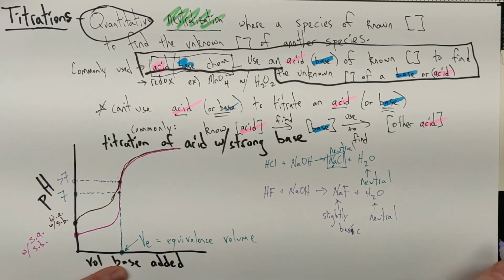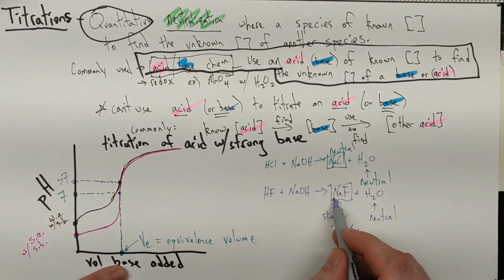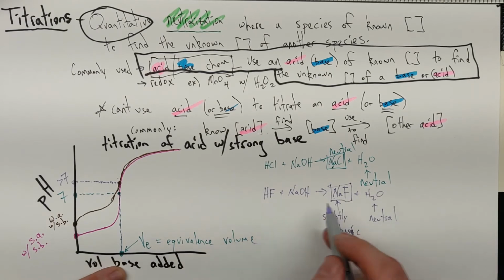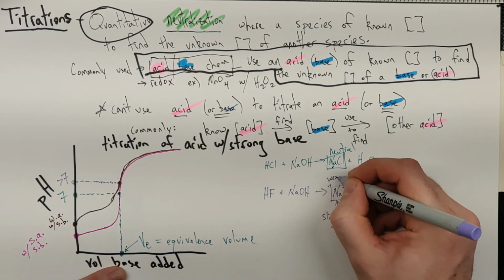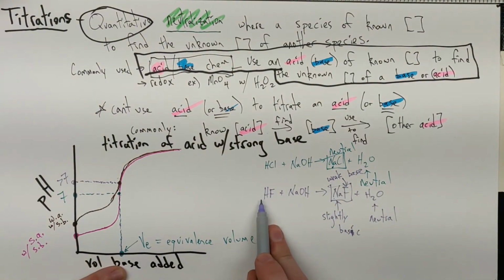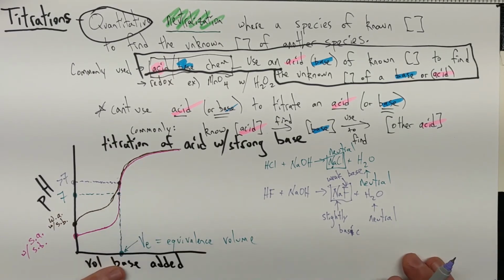If you're wondering why, see acid-base nature of salts: sodium, essentially from NaOH, the conjugate of a strong base, is neutral. And fluoride is the conjugate of a weak acid, so it's a weak base. So this is a weak base. So when I use up all of my HF and I just have NaF or F minus remaining, we end up at a basic pH. That's why we end up right there.